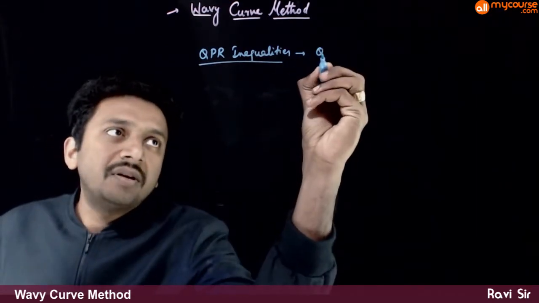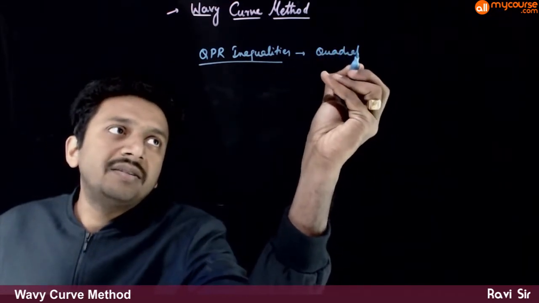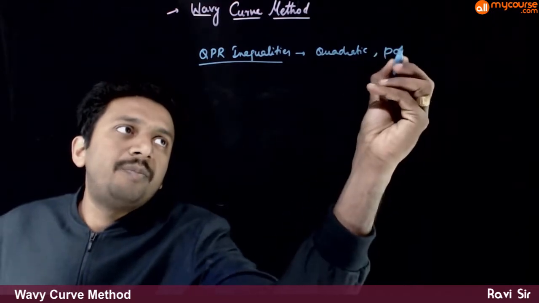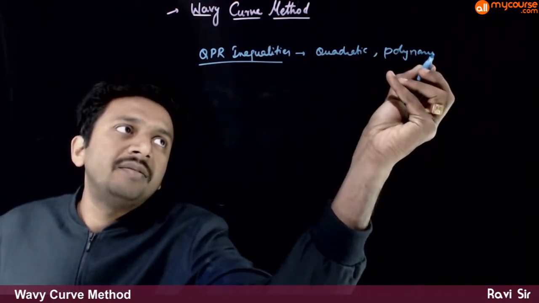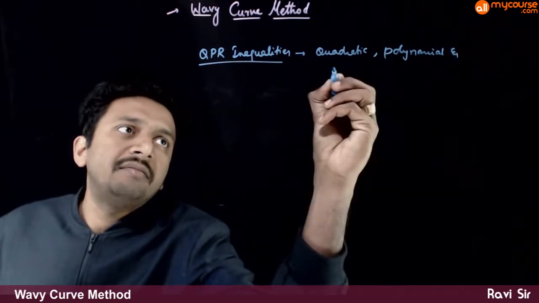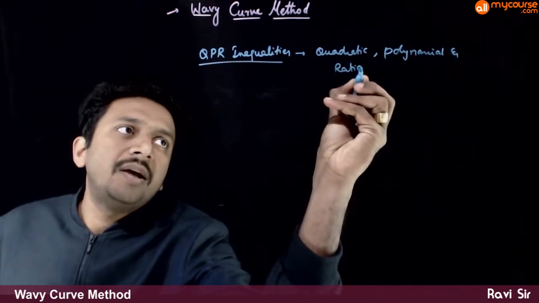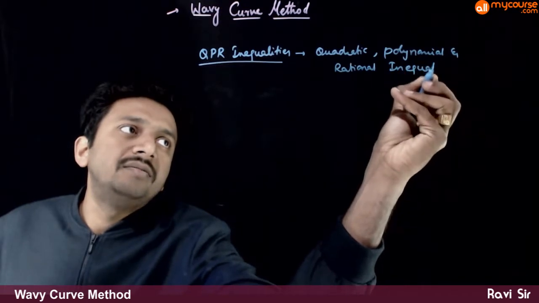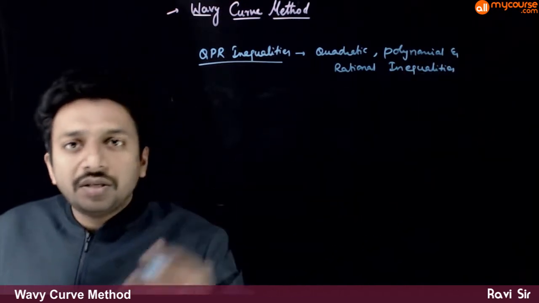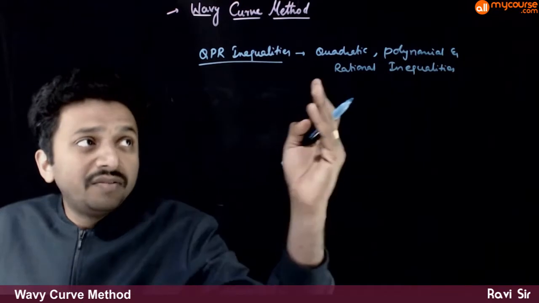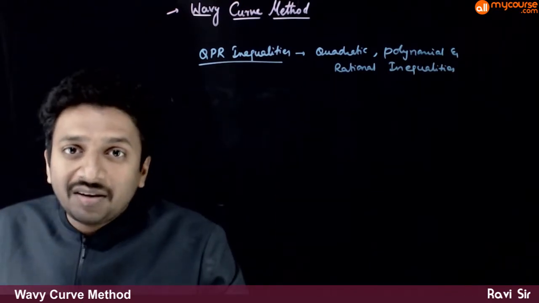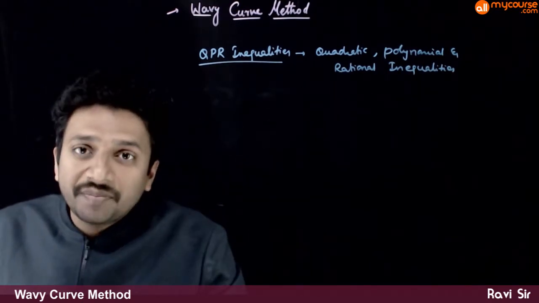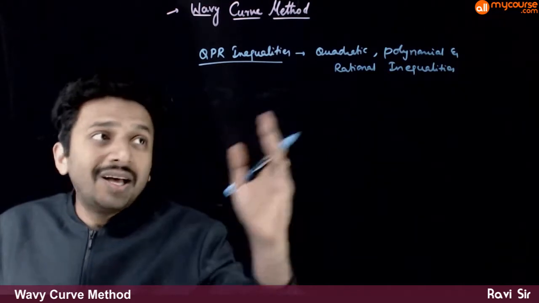QPR stands for quadratic, polynomial and rational inequalities. Using the wavy curve method, you can solve these 3 types of inequalities. So now, what are these inequalities?